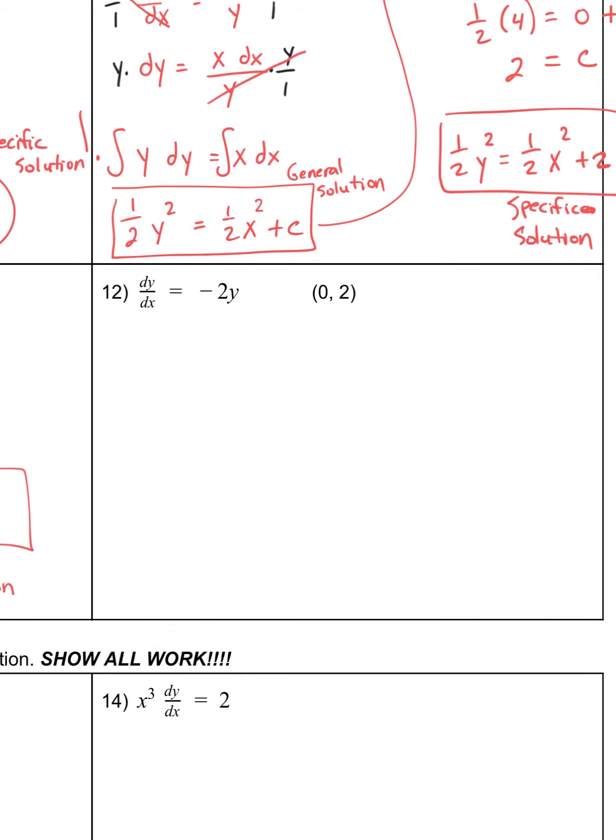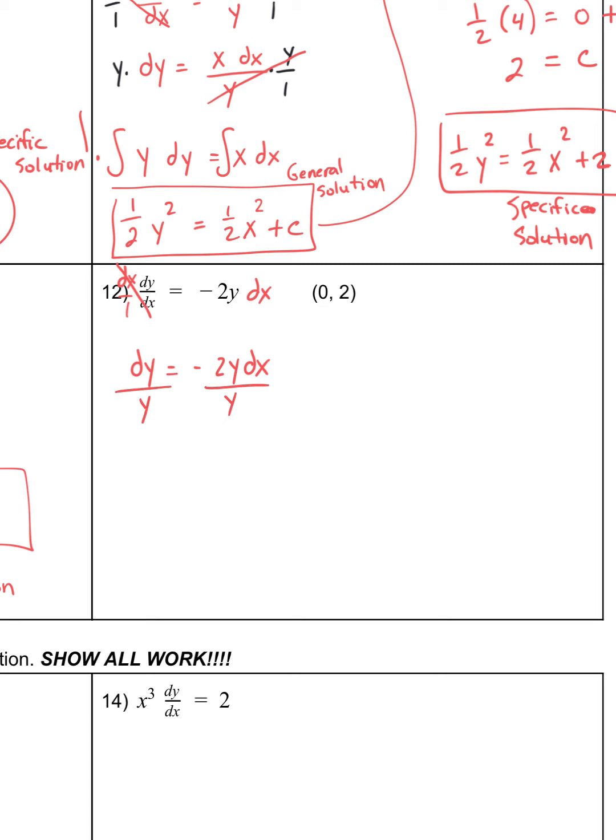Okay, to separate the variables here, we have to move this dx to the right. So we multiply by dx over 1. We cancel here, so dy is equal to negative 2y dx. And now I need to move this y to the left, and since it's in the numerator, I'm going to divide both sides by y.